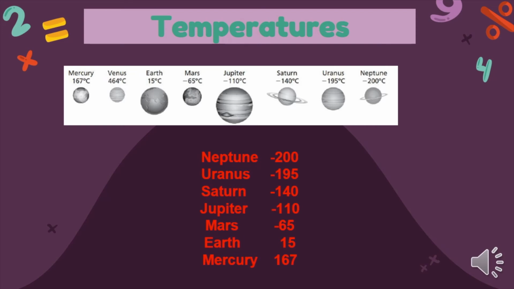Mercury is 167. And Venus is 464. So we just put the numbers in order from coldest to warmest. This further shows Carrie's reasoning was incorrect because Mars, which is negative 65, is still closer to Earth, which is the positive numbers, which means it is closer to 0.